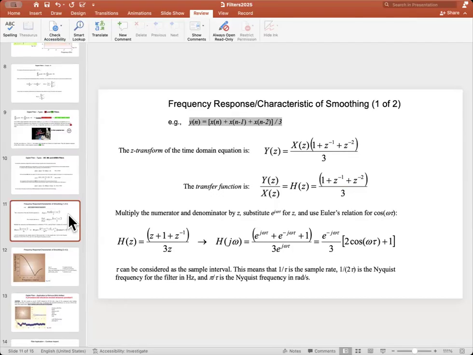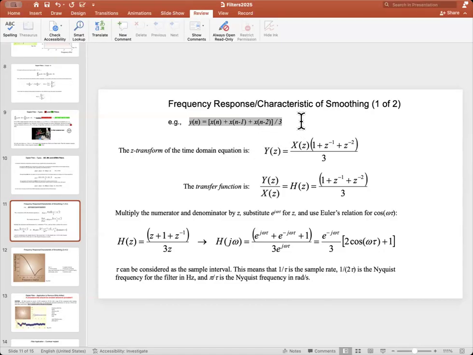So let's look at why this moving average filter is not always as ideal as you might think. You have to be a little bit careful with that. Let's look at a filter, this one, that has an output y[n], which is the moving average of 3 points, x[n], x[n-1], x[n-2], divided by 3.